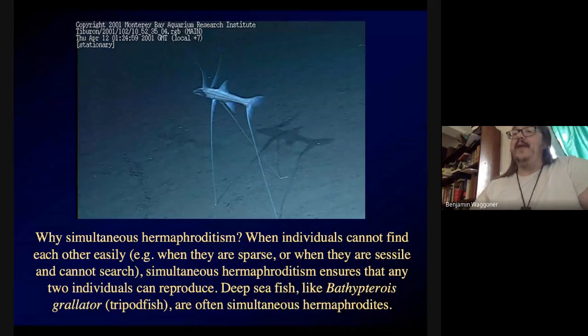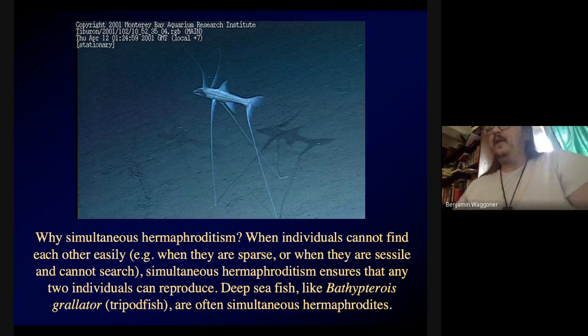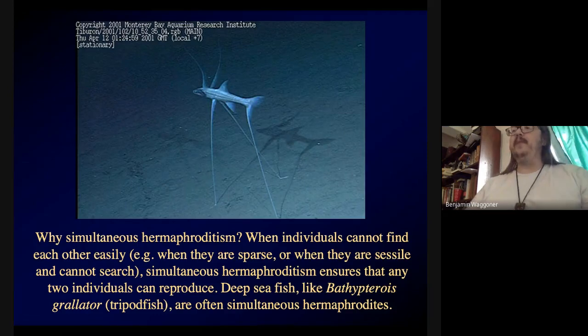And it's also not that easy to find a mate if you are a deep sea fish, like this tripod fish, Bathypterois grallator. This particular one is a simultaneous hermaphrodite. And if you can't search for a mate, or if mates are very hard to find, then simultaneous hermaphroditism ensures that any two individuals can reproduce.